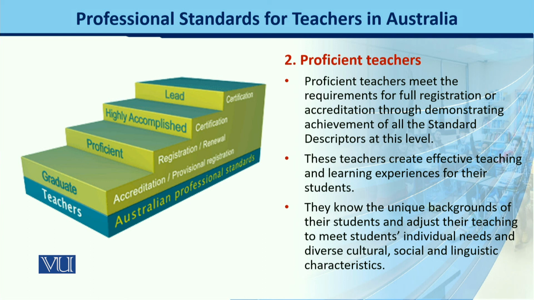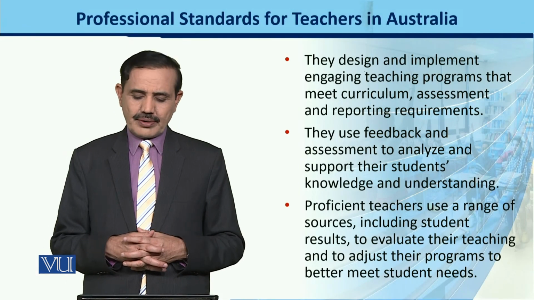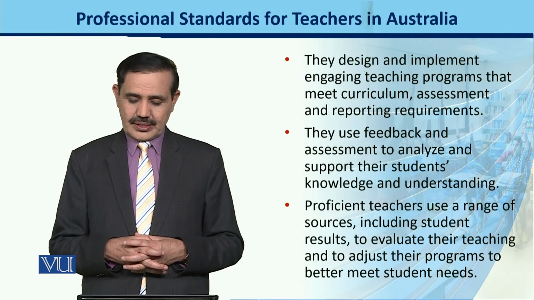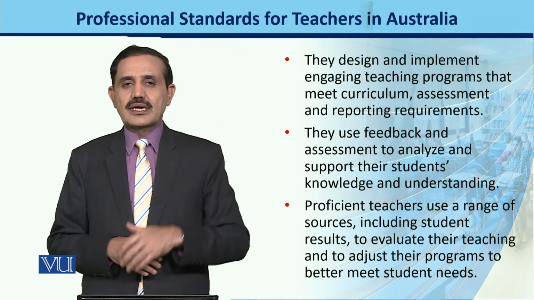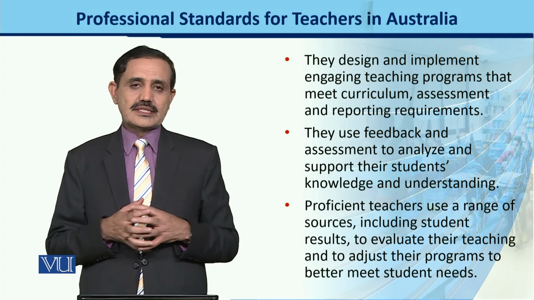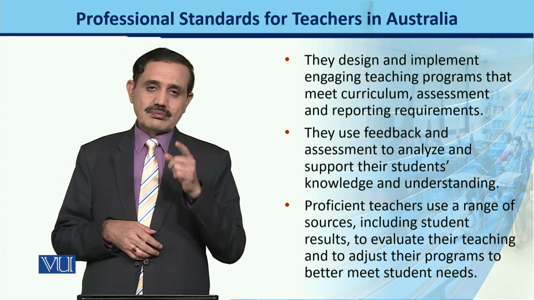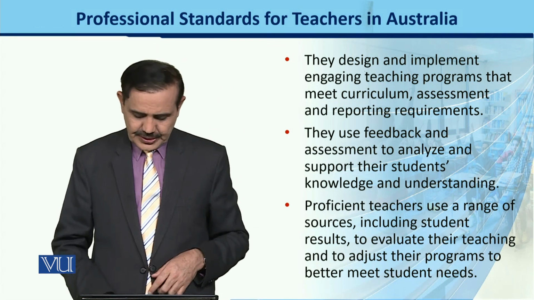For example, in Pakistan, before one practices as a lawyer, he or she has to register with the bar council, and the same is true of every profession, and of teaching. Professional teachers can design and implement teaching programs. They can use feedback and assessment to support student learning. For example, if I got feedback that my students are weaker, then how can I use my assessment for the improvement of the students?